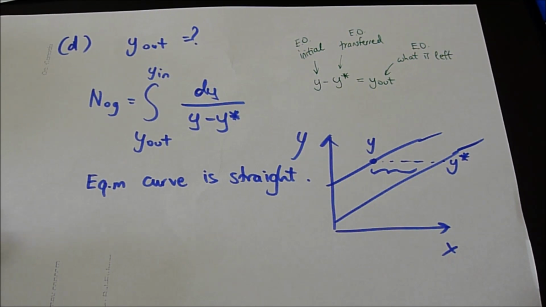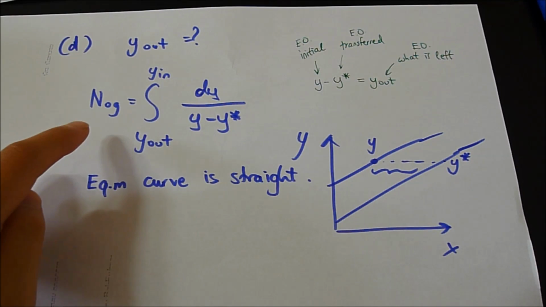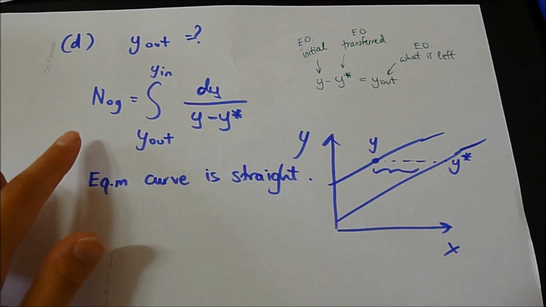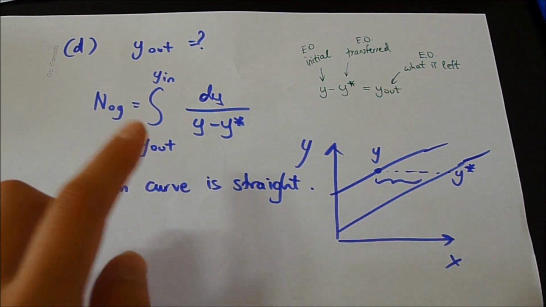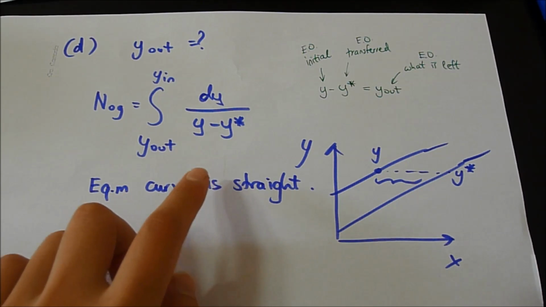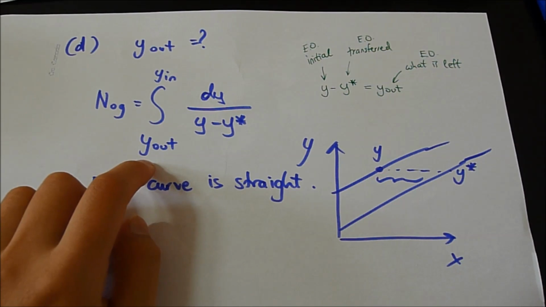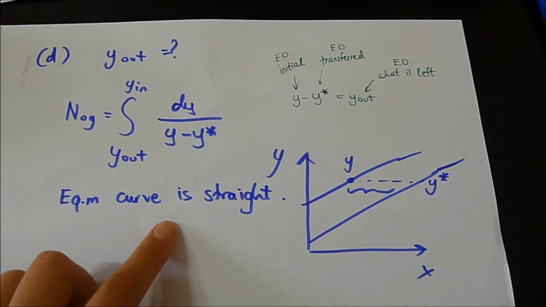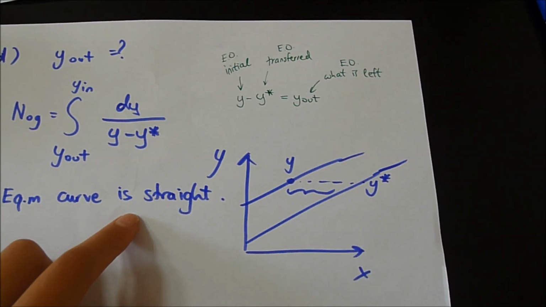So now we need to find y out, and from the NOG equation we know that the integration of 1 over y minus y star is equal to NOG. So we're going to use this equation. But first we need to know what y minus y star actually is.